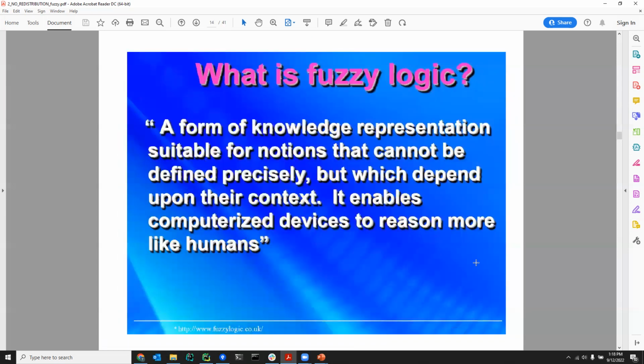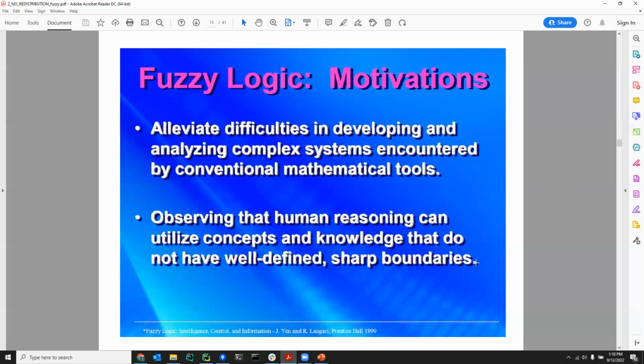I'm actually going to skip ahead a little bit to hear some of the motivations behind fuzzy logic. It alleviates some of the difficulties in developing and analyzing complex systems encountered by conventional mathematical tools.